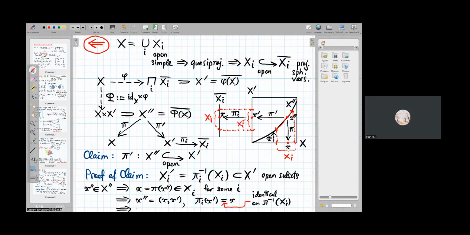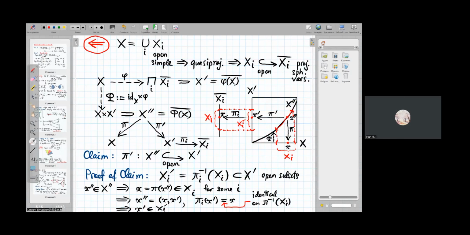So my final conclusion is that the point x prime belongs to xi prime. So what we have proved so far, we are proving this claim: we have proved that the image of x double prime under the map pi prime sits in the union of these open subsets.